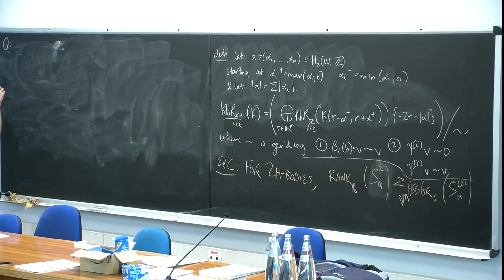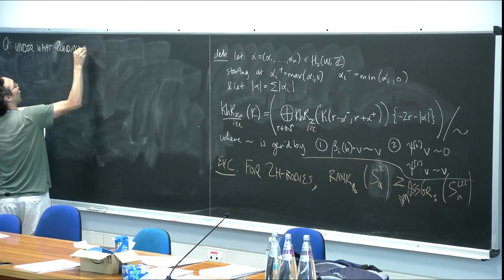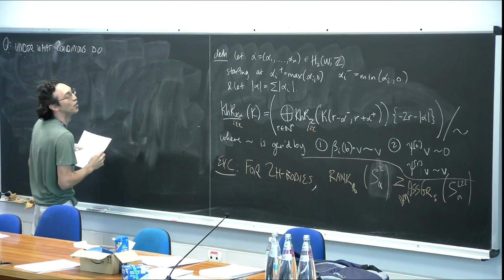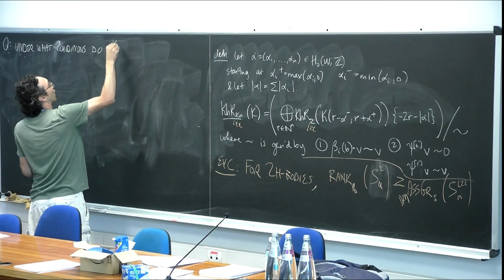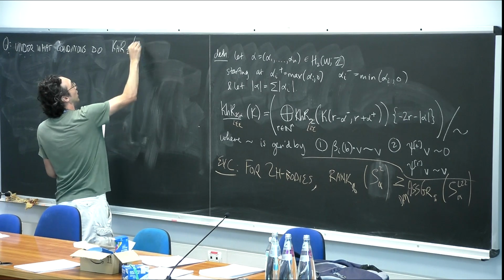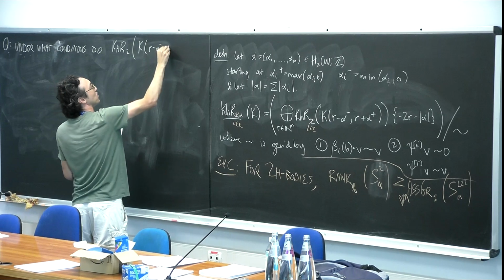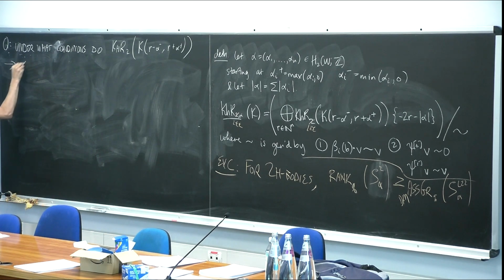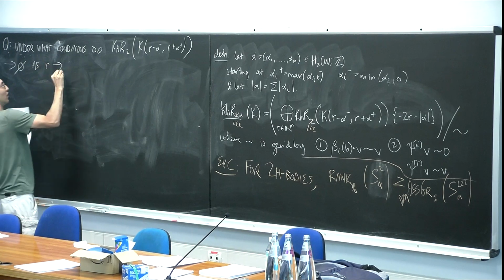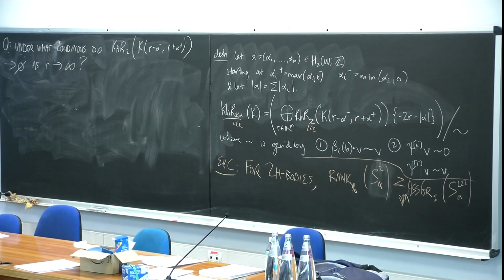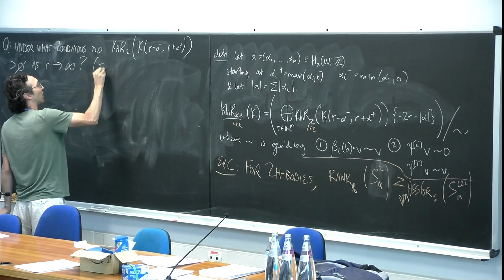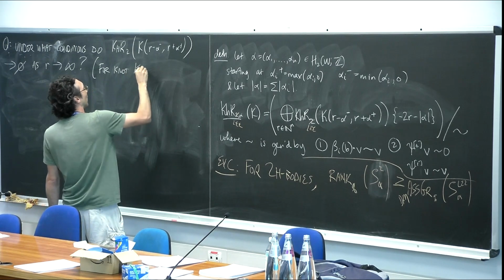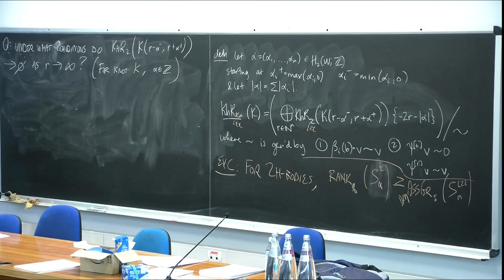So here is the question. Under what conditions do these groups, R minus alpha minus... So just for simplicity, I'm going to present the case where K was just a knot.